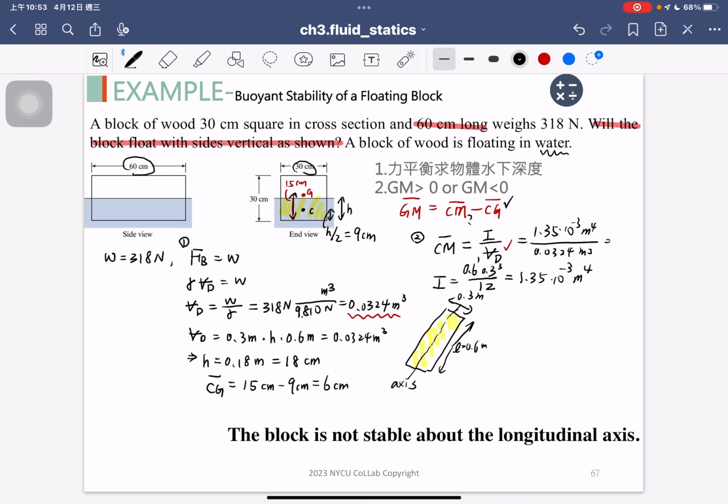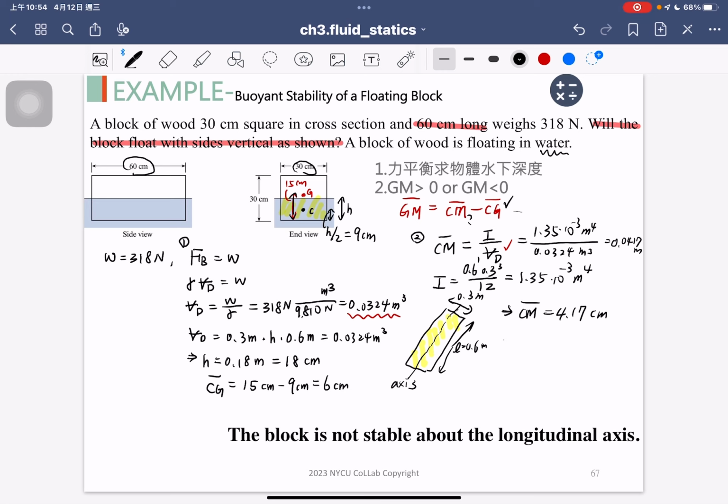So you can compute the CN length. It's around 0.0417 meters, so you can convert to the centimeter unit, which is 4.17 centimeters. Now we need to compute the GN distance, right? So what are the final answers?